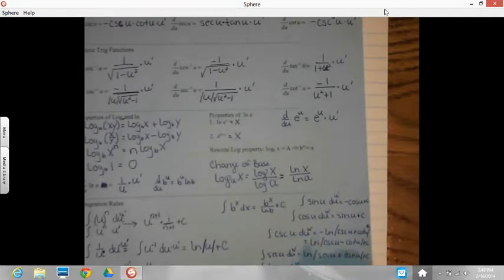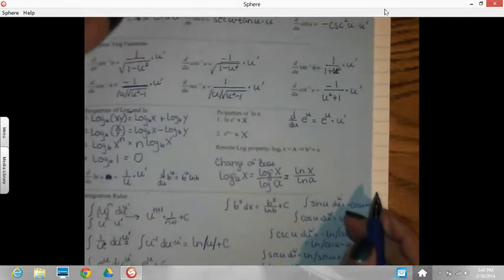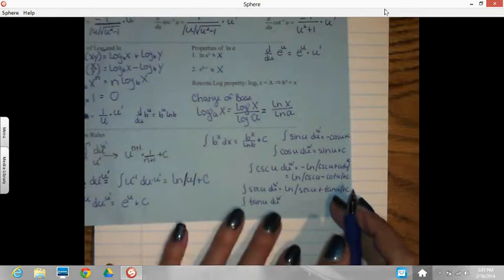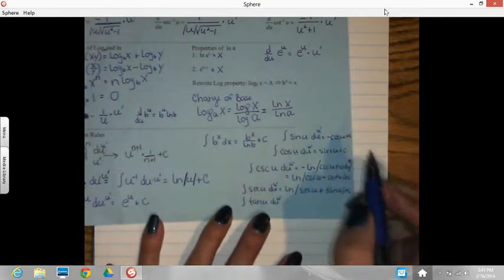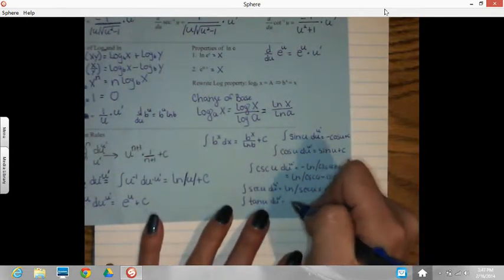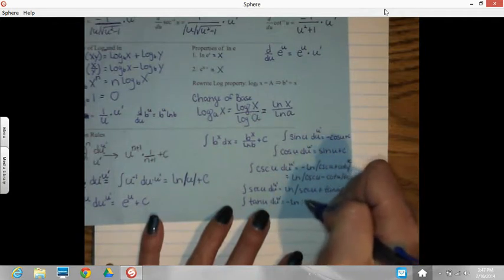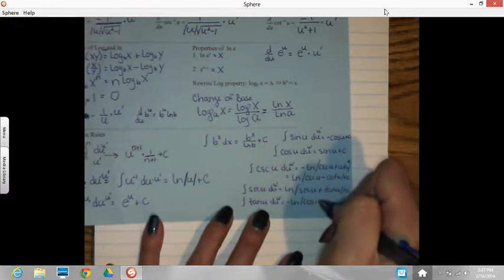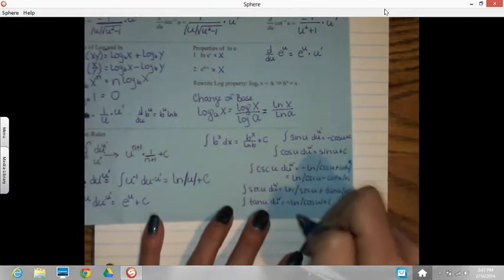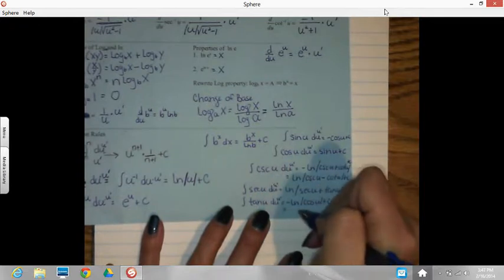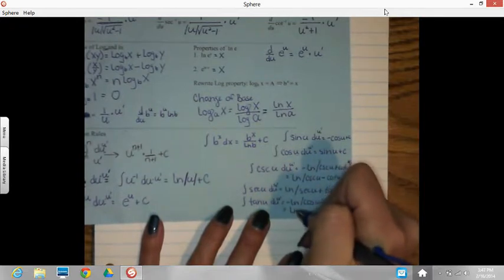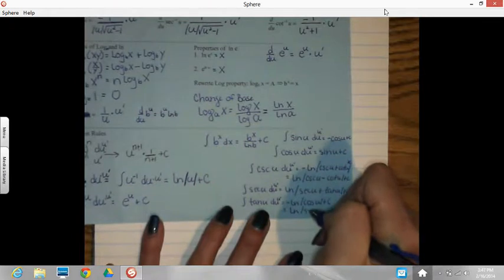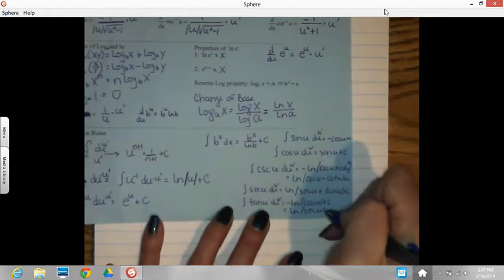Ooh, good thing I looked. Tangent. Tangent, we've got two versions again. Negative natural log of cosine u plus c, or natural log of secant u plus c.